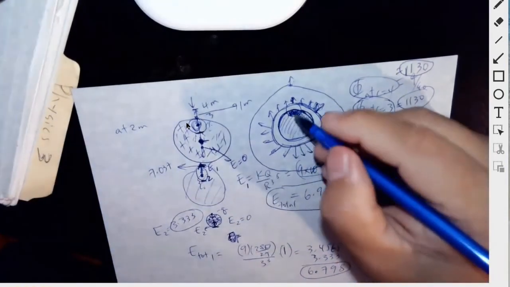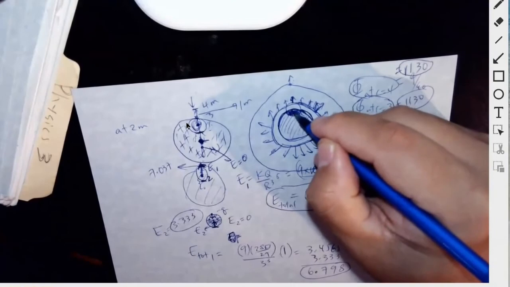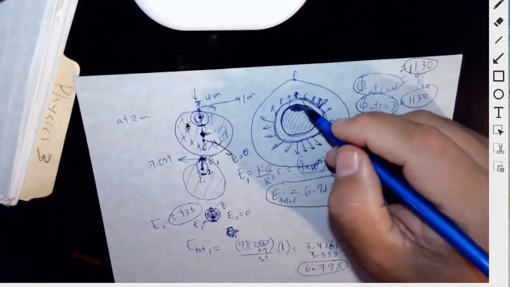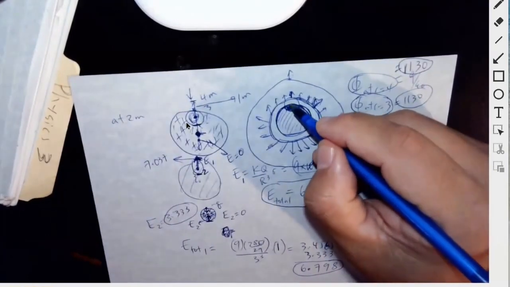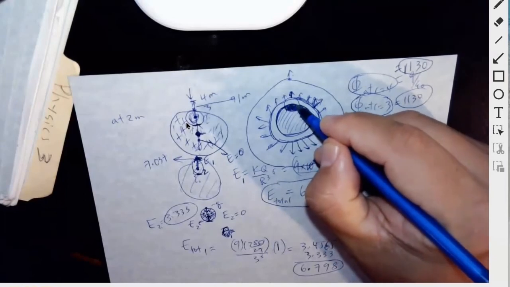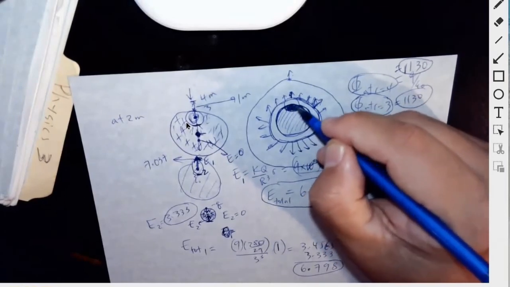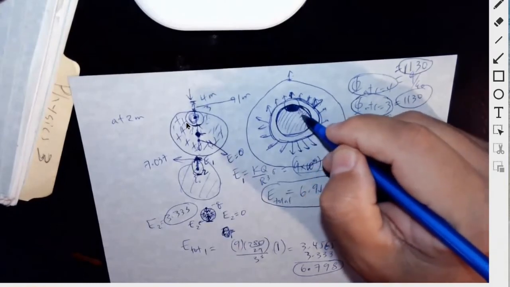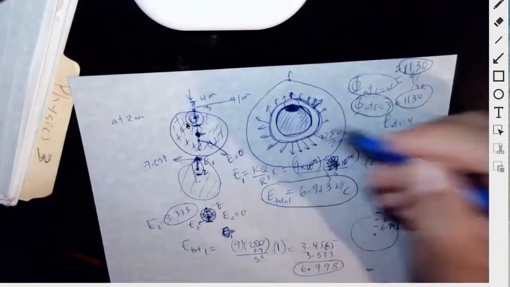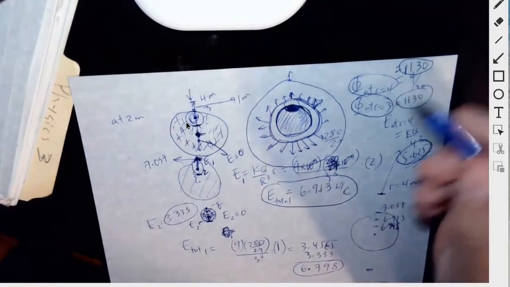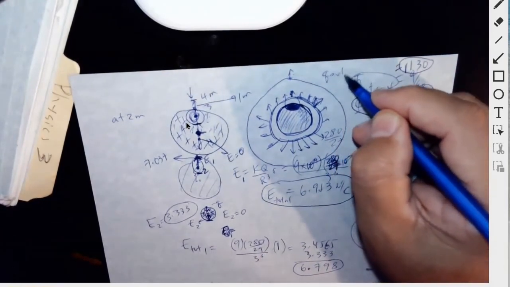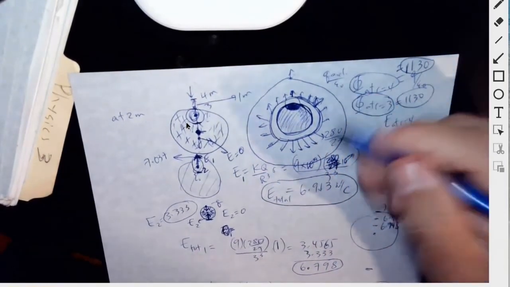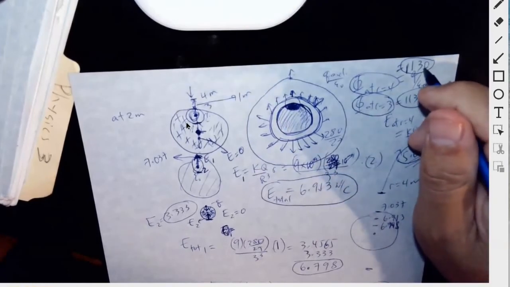Well, it's probably doable, with some integration to find this volume, but I don't know if it's worth going there. Once we find this, we take that out of this volume, and that will give us the charge enclosed over E0. And that's it. For flux, that's all we have to worry about.